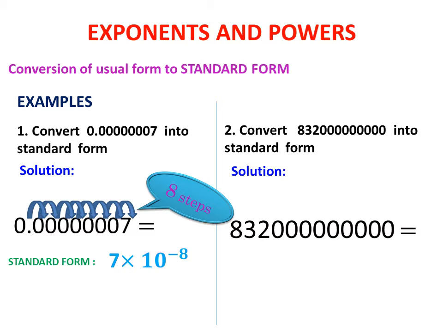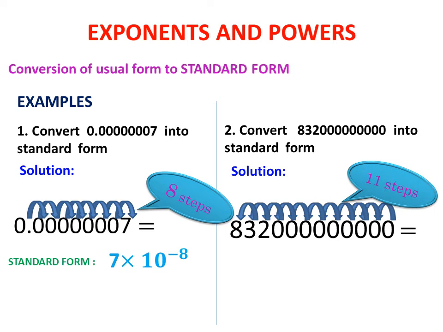So the decimal point should move from right to left. How many steps does it need to move, children? Are you counting it? When you count it, you will find that it has to move 11 steps. So your answer will be 8.32 into 10 to the power 11. Very good.